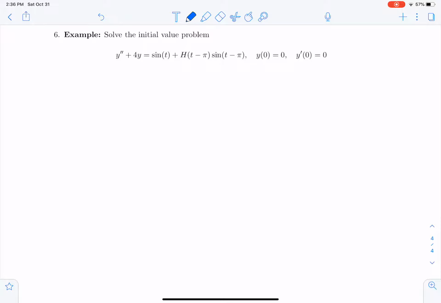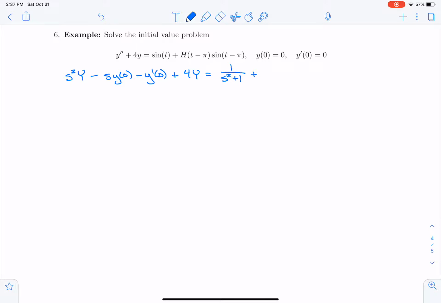Let's look at the Laplace transform of both sides of this differential equation. That's s squared Y minus s y of 0 minus y prime of 0. That was the Laplace transform of y double prime. Plus 4 times the Laplace transform of y is going to equal the Laplace transform of sine t, which is 1 over s squared plus 1, plus the Laplace transform of h of t minus pi, sine of t minus pi.